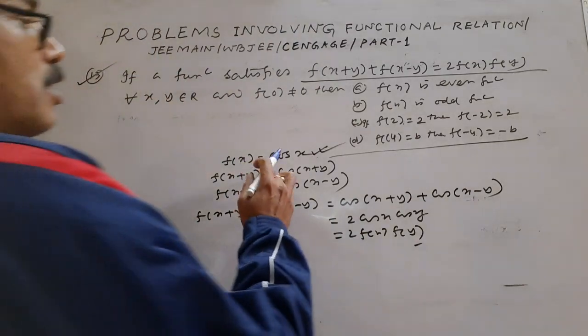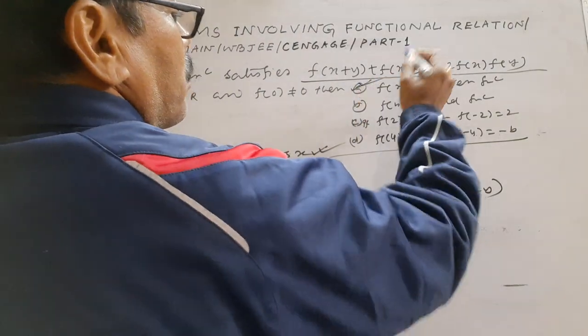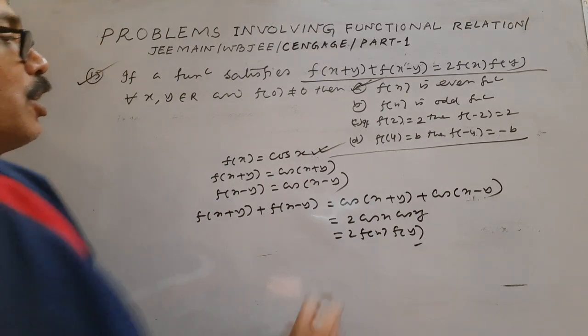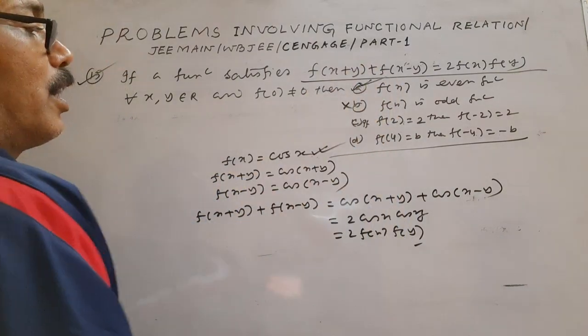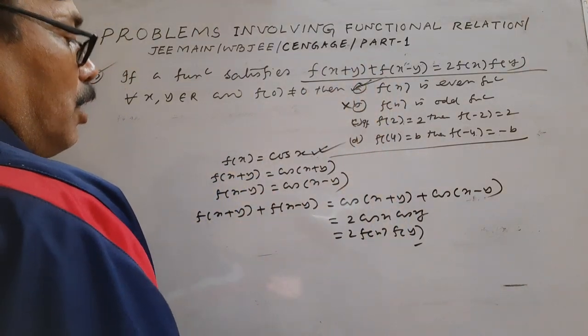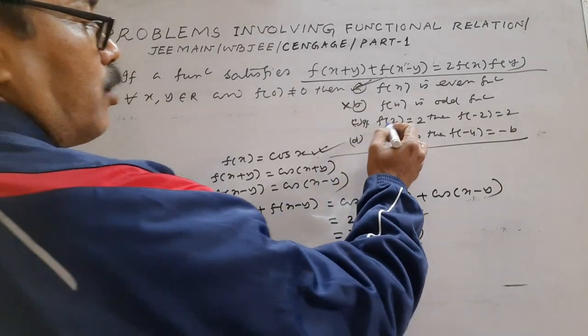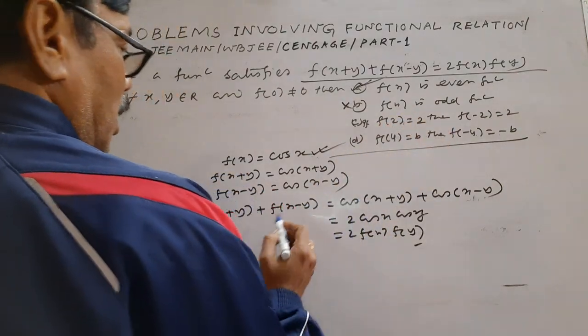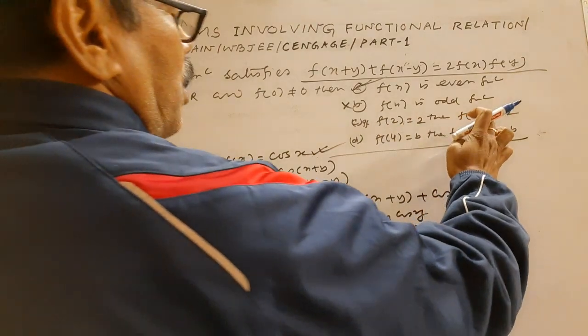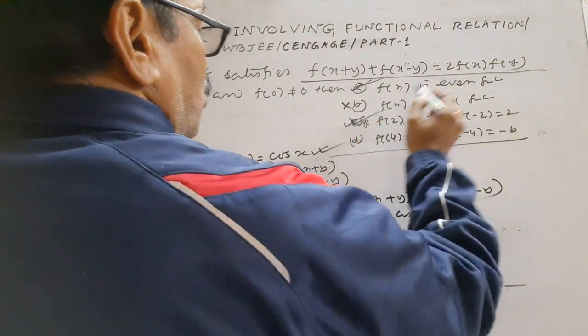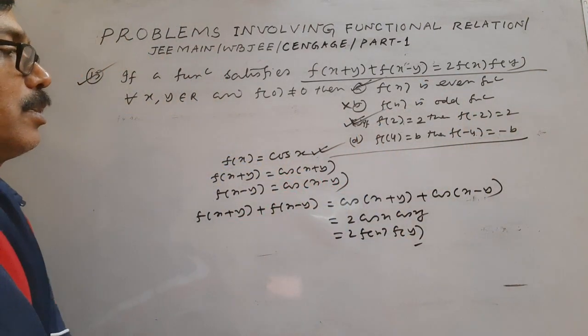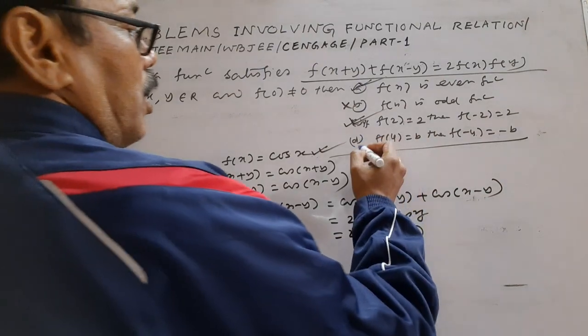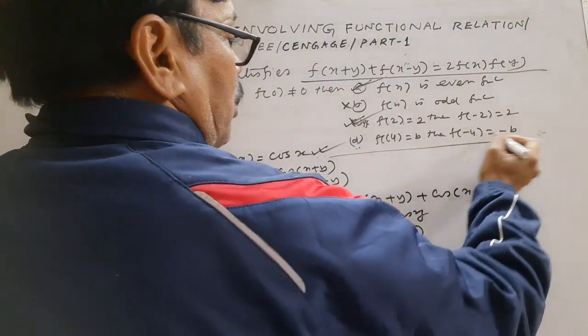So if f(x) is the cos function, then you know f(x) is an even function. So odd function, it is not correct. So f(2) equals f(-2). This is also true for an even function. But this one is not true. This is minus.